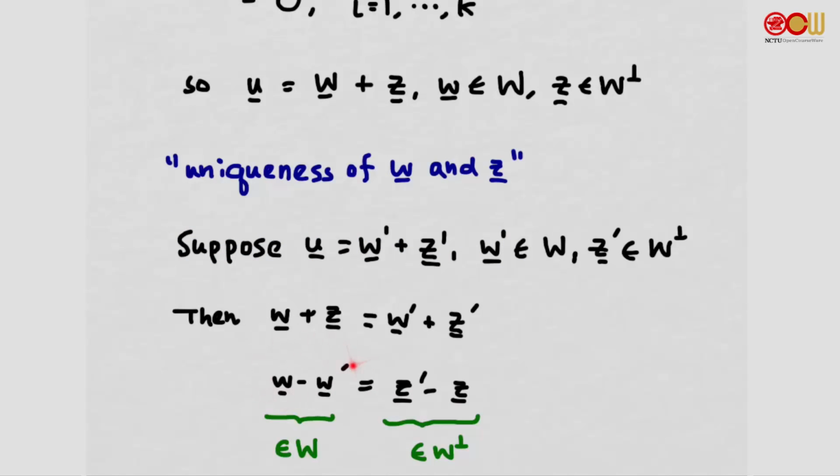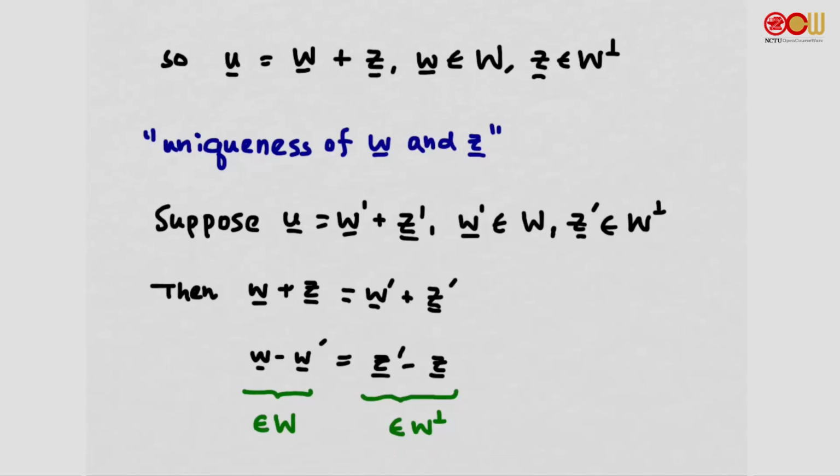What is this vector? This is w minus w prime. Both of these vectors are in W, so this is a vector in W. And both z and z prime are in W perp, and W perp is a subspace, so this vector is also in W perp. So we have this vector in W and also in W perp, and that means this vector is equal to the 0 vector. So w and z are indeed unique.